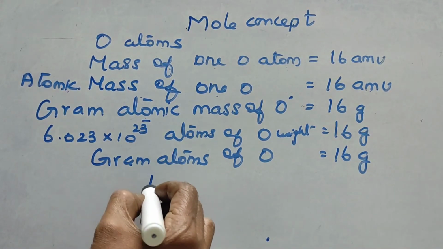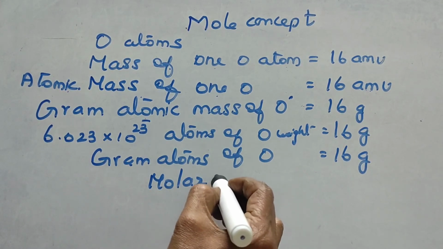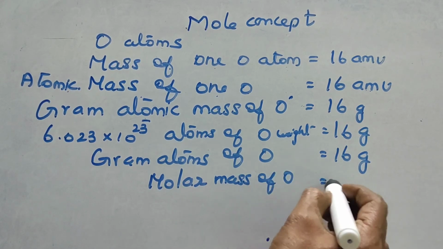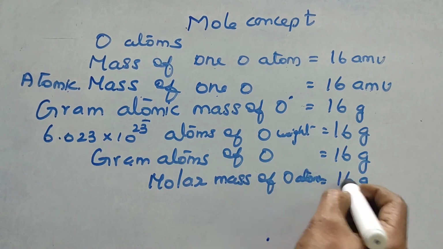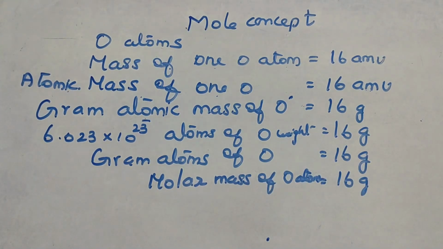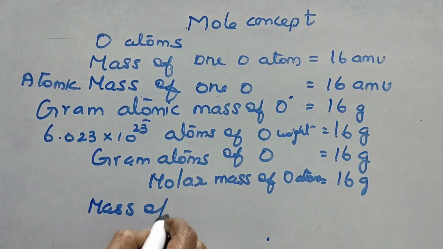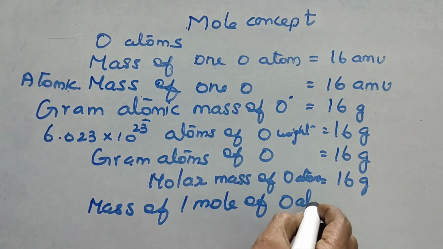One more way, molar mass of oxygen atom is 16 gram. Why is the molar mass of oxygen atom 16 gram? It is the mass of 1 mole of oxygen atoms.